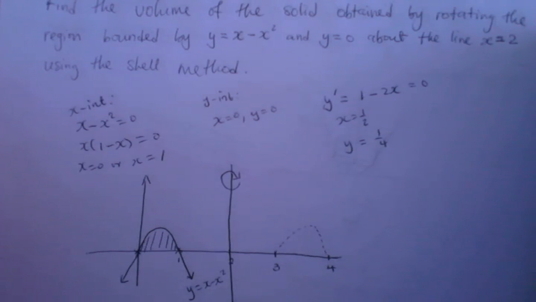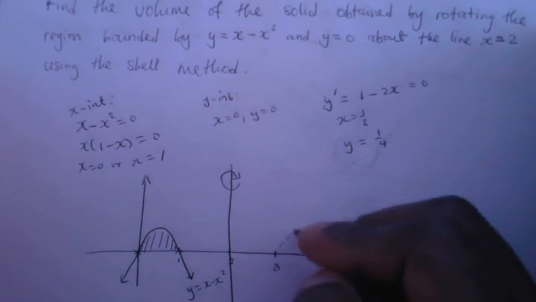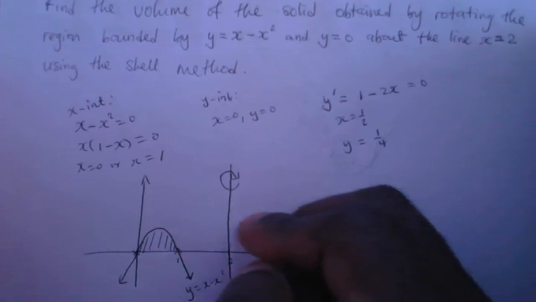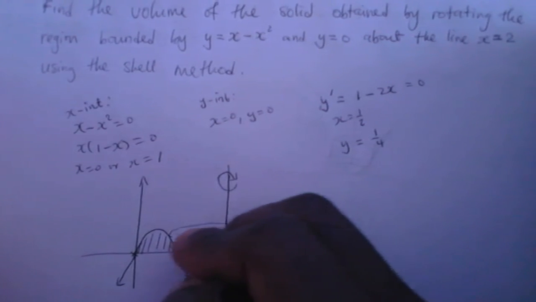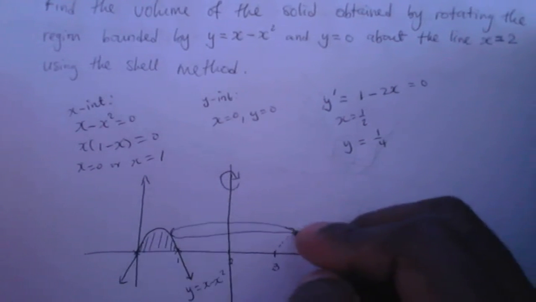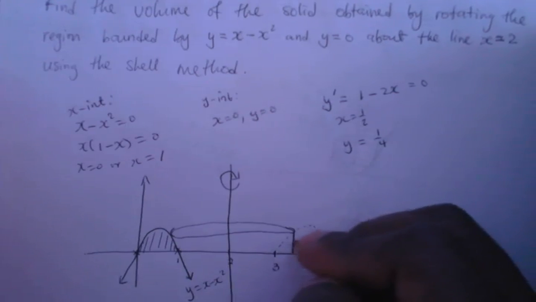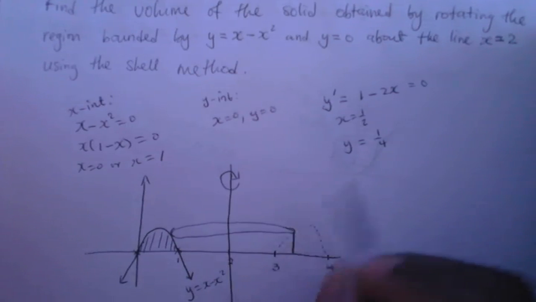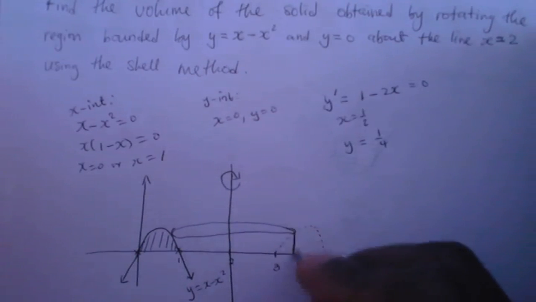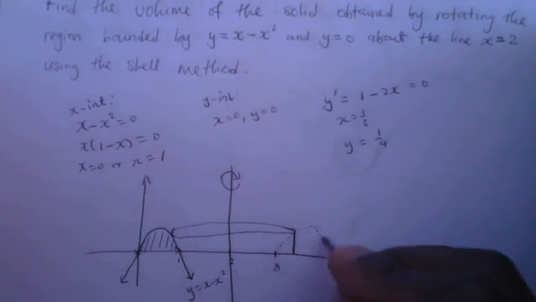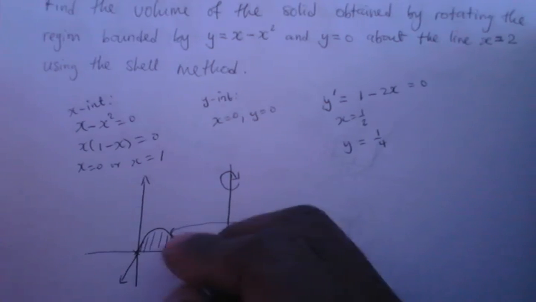And how do we draw a shell? You draw the circular piece so that it touches the outer surface, and you draw the height of the shell so that it coincides with, remember y equals 0 is just the x-axis, so the height should be the distance between the parabolic graph and the graph y equals 0.